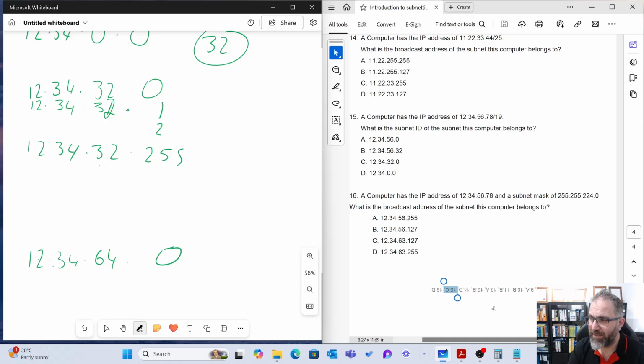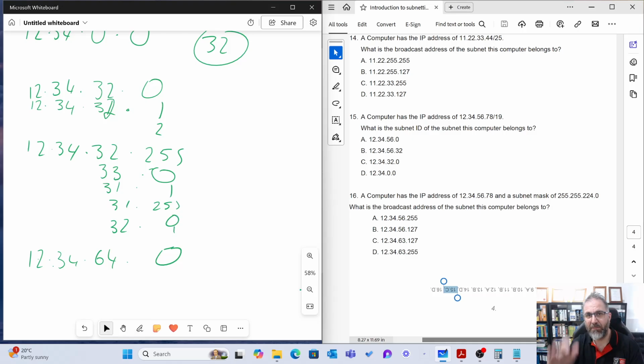Go to 33. And then we start from 0. 33.1. Then we go all the way to 255. And then we go 32.0. And then you go 1, 2, 3, 4, 5, and so on.